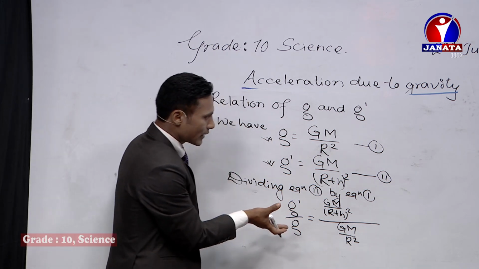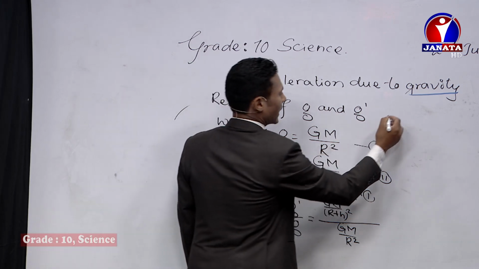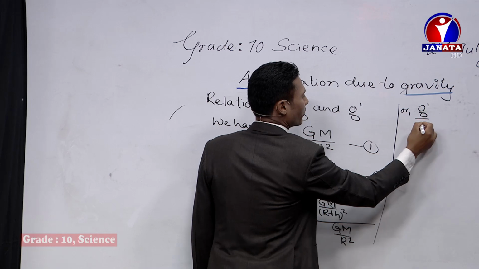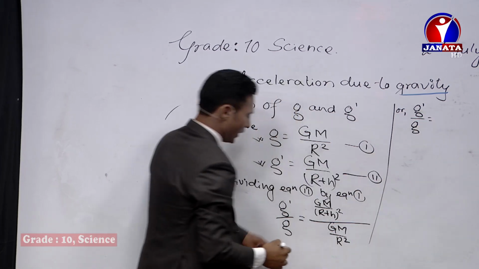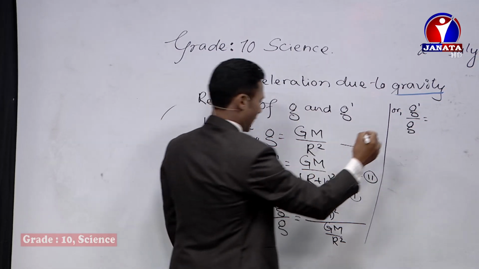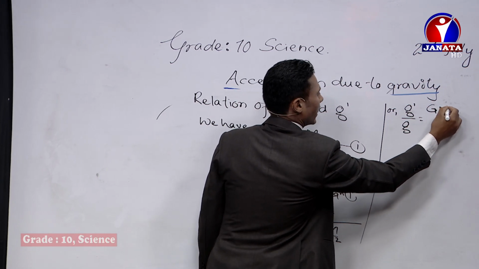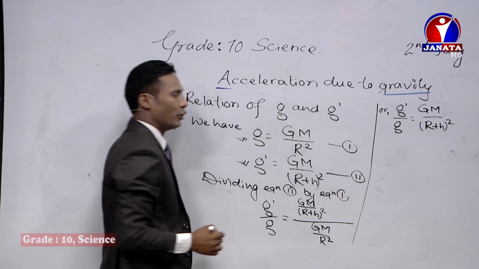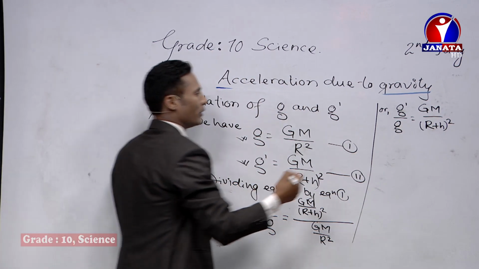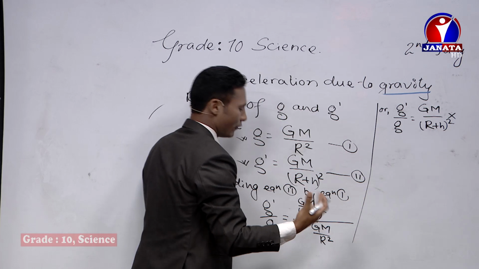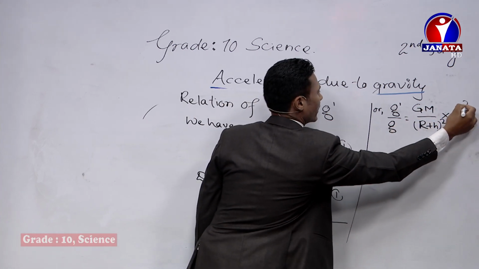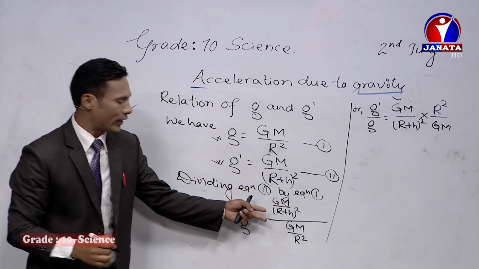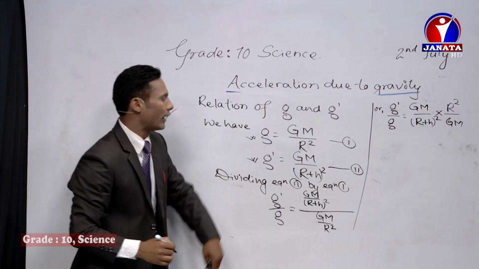Now let's change this four-layer fraction into a two-layer one. That is, g dash by g equals, the numerator is as it is, GM by r plus h to the whole square, and the denominator is just the reverse, r square by GM. So this four-layer fraction changes into a two-layer one.